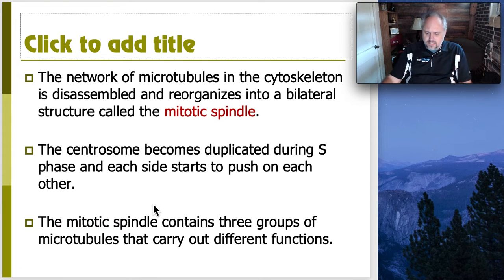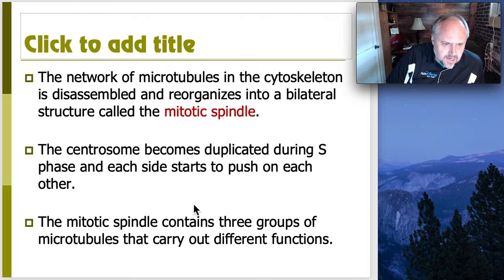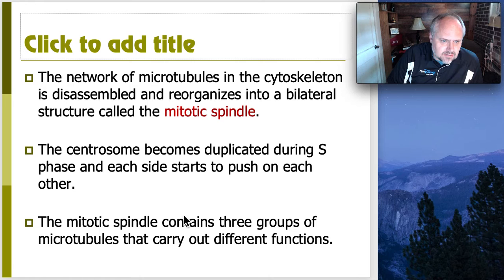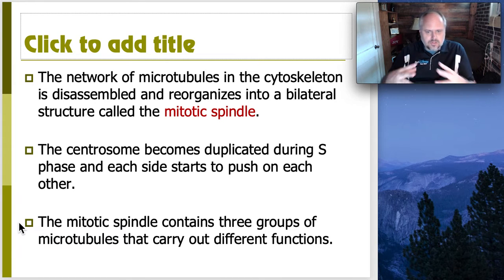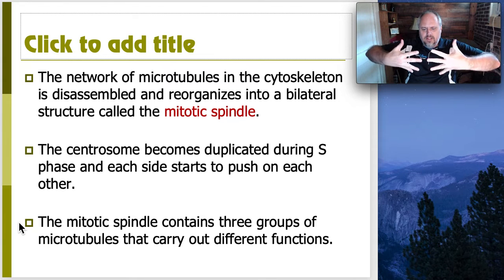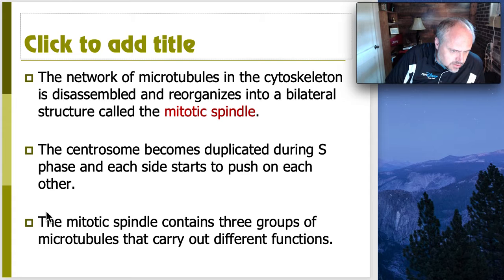In this case, they're going to be a little bit more arrayed from in to out, and what will happen is that the two are going to begin to interact with each other and push on each other. So as we create these star shapes and they touch and begin to push, they'll eventually find themselves on either side of the cell. And this is largely what's going to determine what we call the polarity of the cell.